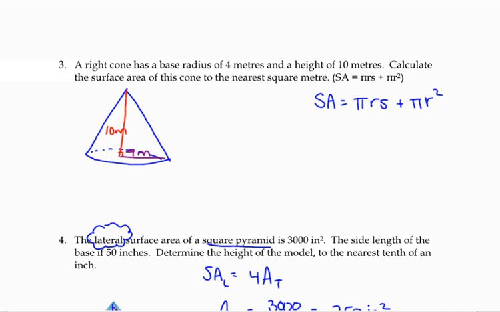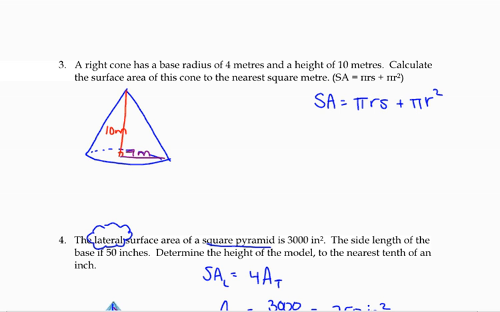So looking at our formula, do you know everything in this formula here? You do. Do you know what pi is? Yeah, and in our calculators, we're actually going to use the symbol pi, not 3.14, and I'll show you how to do that. Do we know the radius? Yes.